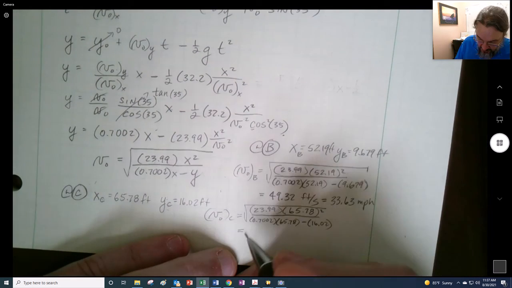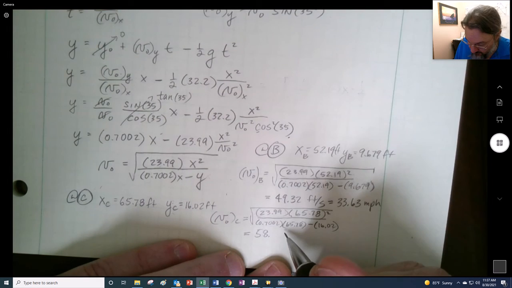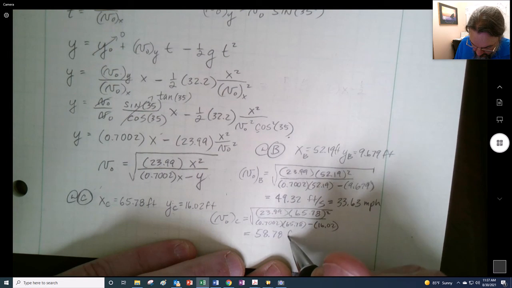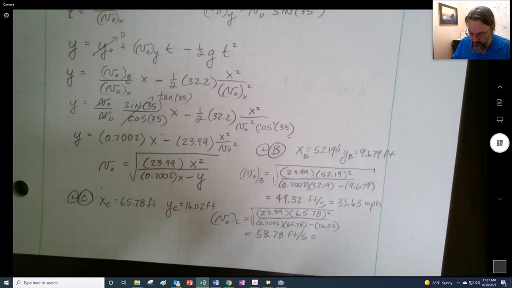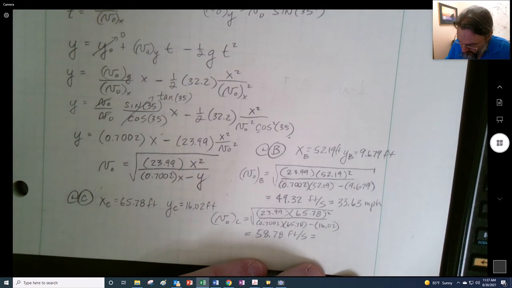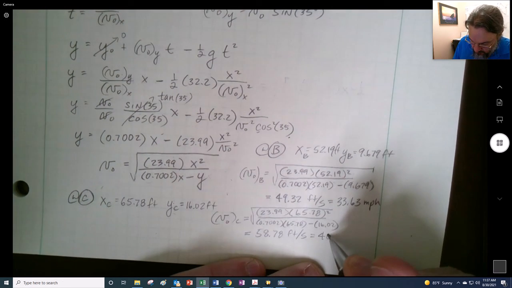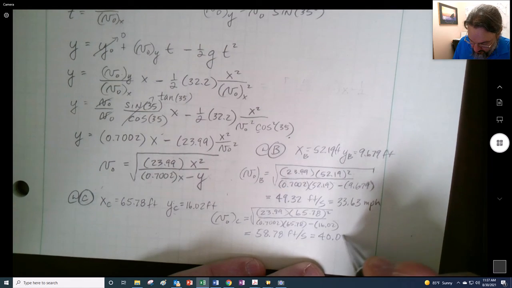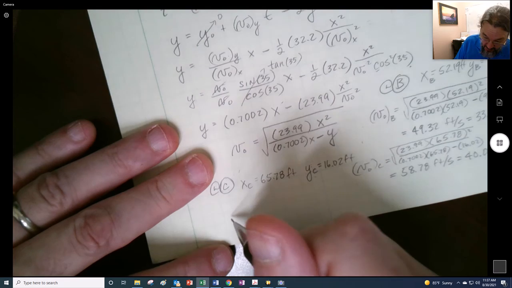Do I get 58? Yes, I get 58.78 feet per second, and I'm going to multiply by 3,600 and divide by 5,280, and I get 40.08 miles per hour, and then I'll write the thing out.